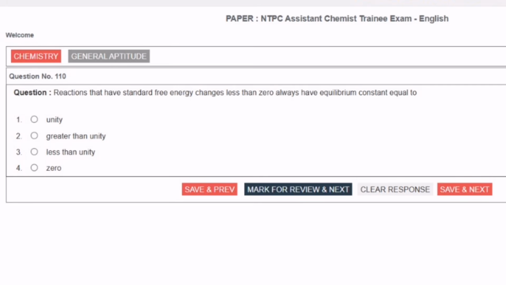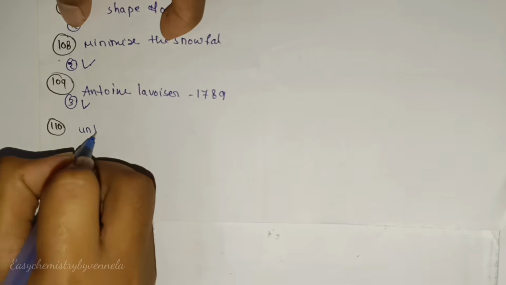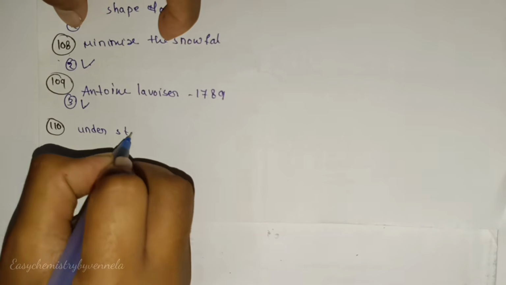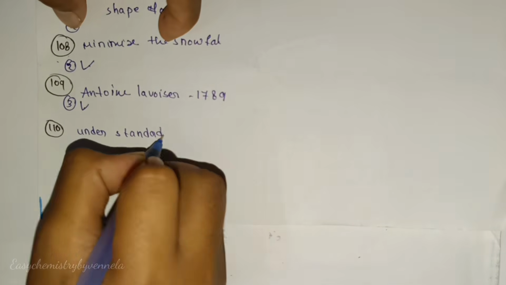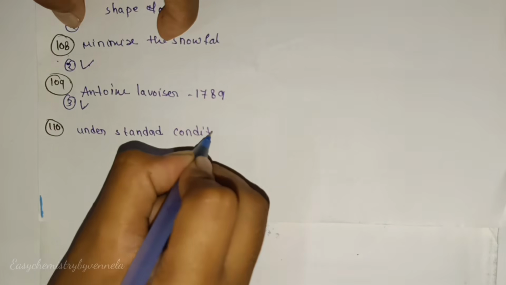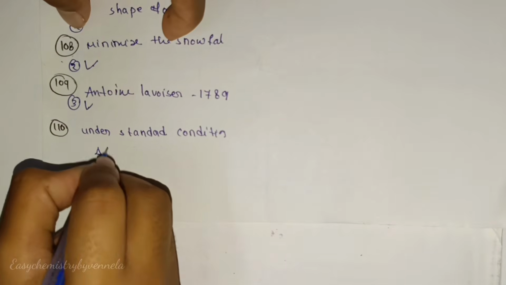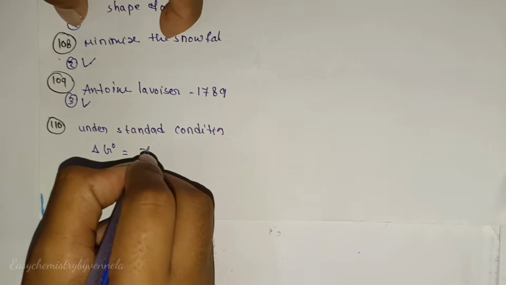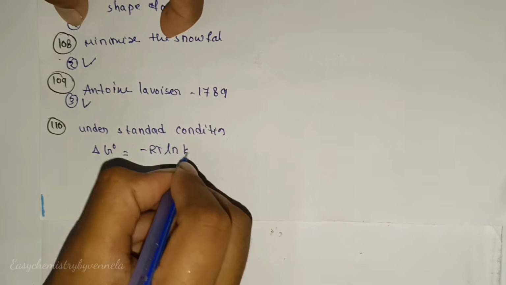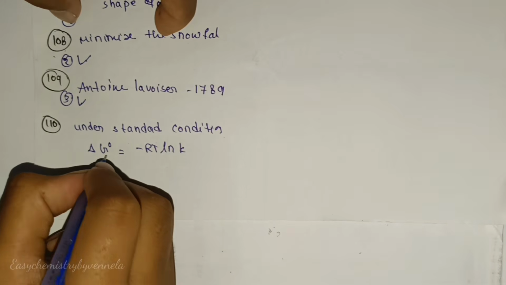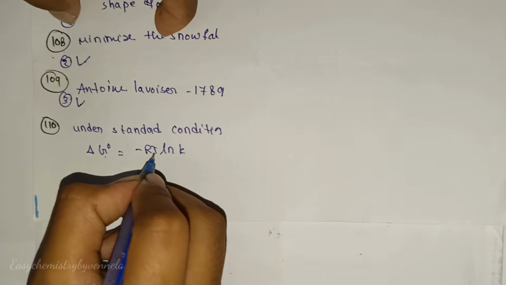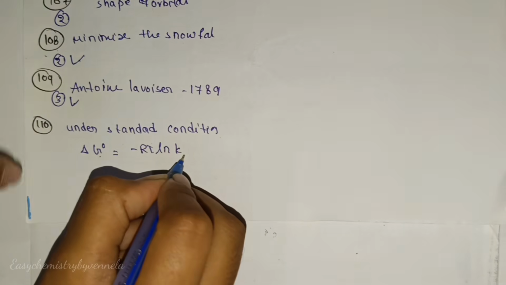Next question. Reactions that have standard free energy changes less than 0 always have an equilibrium constant equal to, under standard condition, delta G naught is equal to minus RT ln K. Delta G naught is the standard Gibbs free energy, R the gas constant, T the temperature, K the equilibrium constant.